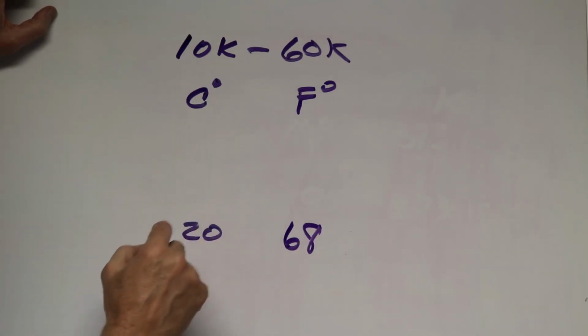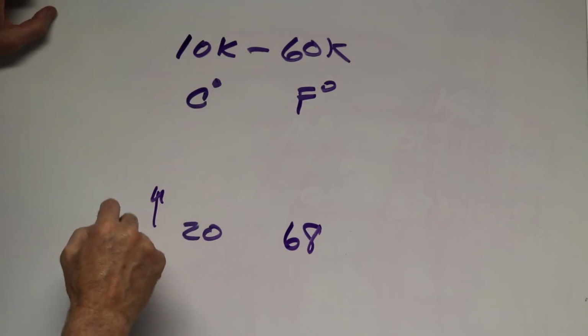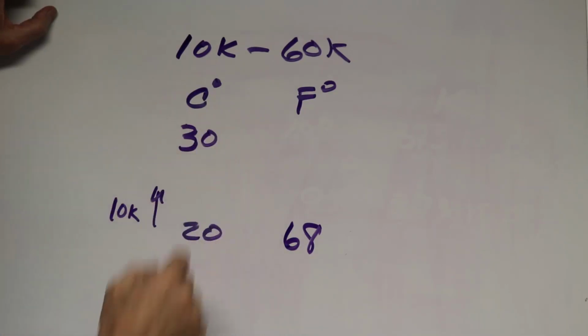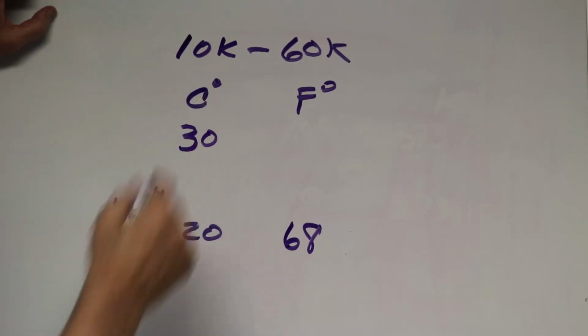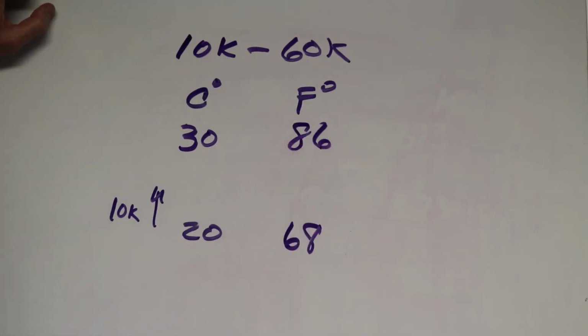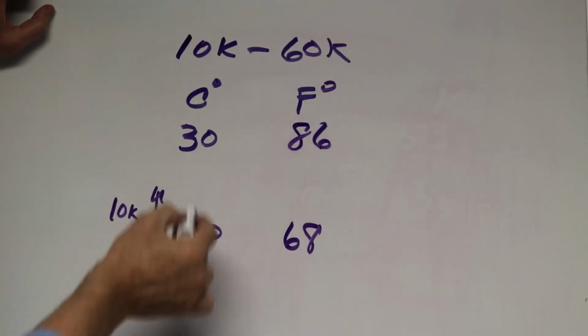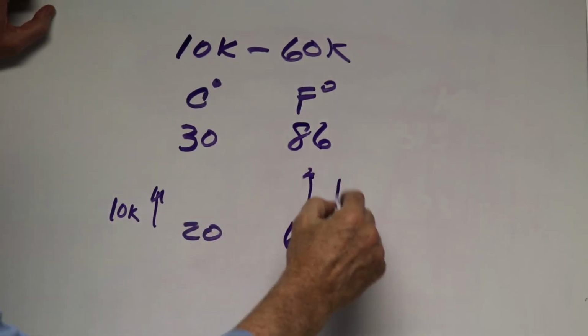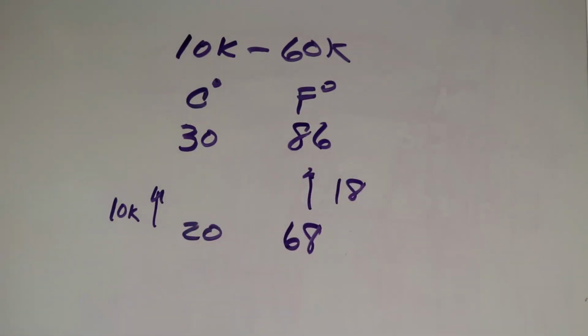And 10 degrees, a 10K change above that would be 30. Okay, so 20 and 10 is 30. All right, 30 on Celsius is 86 degrees Fahrenheit. So here you have a 10 degree shift. On the Fahrenheit scale, it's 18, so almost double.